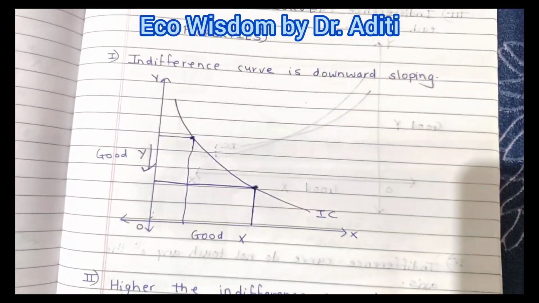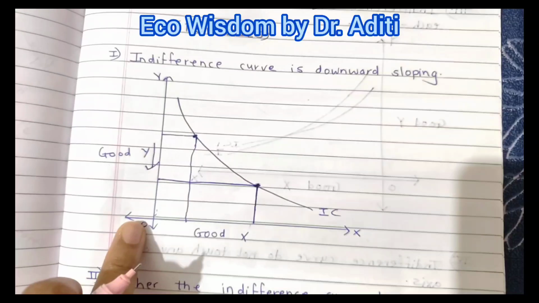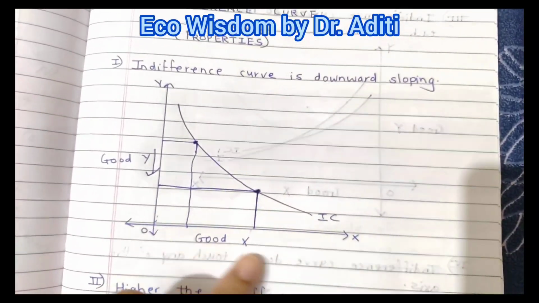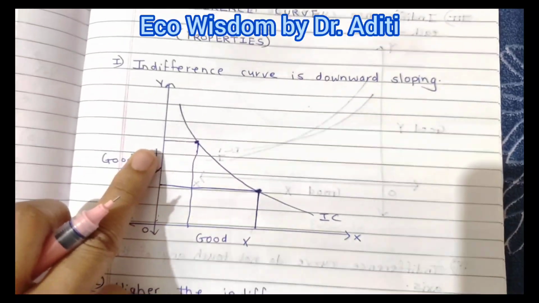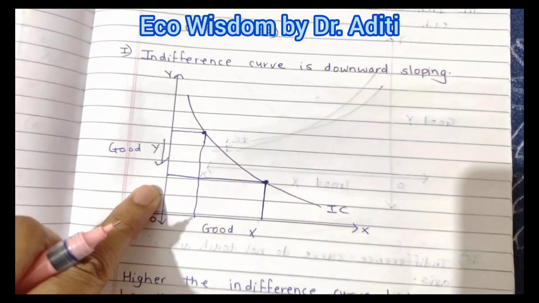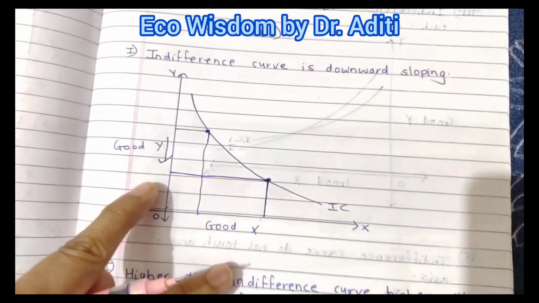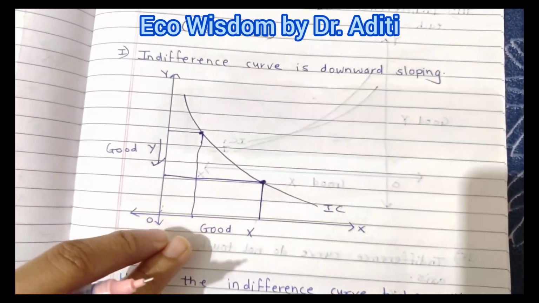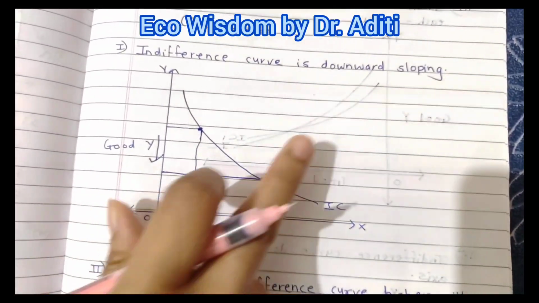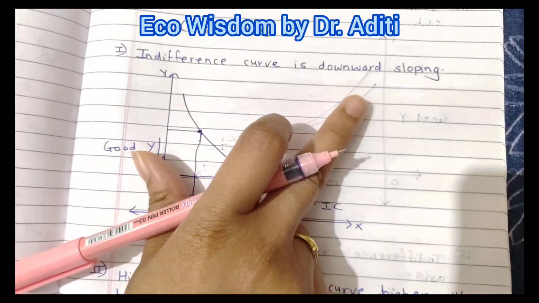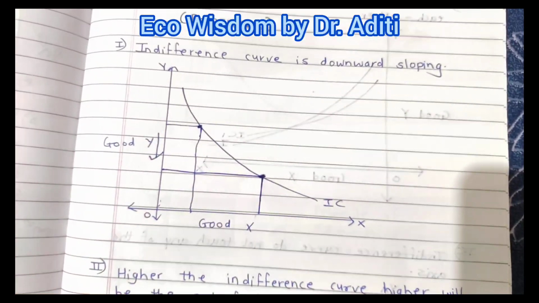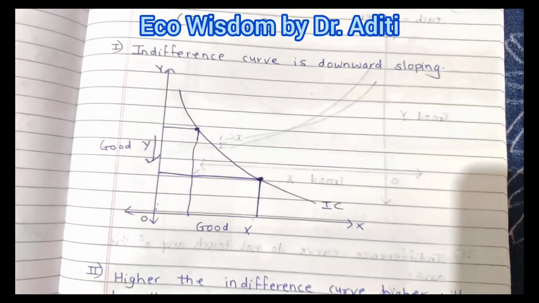So what we are trying to understand here is, if we want to increase the quantity of a particular commodity, then we have to reduce the quantity of another commodity. So the movement of these two commodities is happening in opposite direction, hence it is downward sloping from left to right, or it has a negative slope. Do you remember how law of demand works?